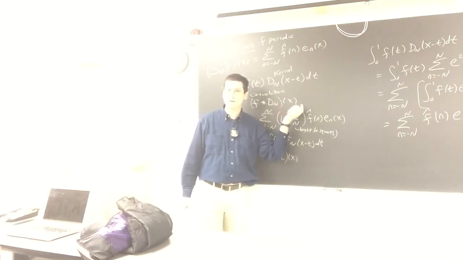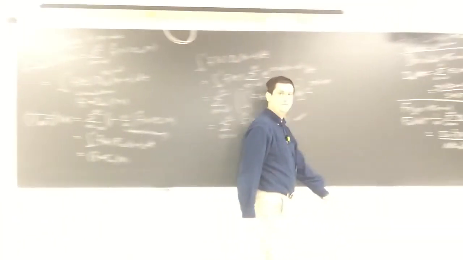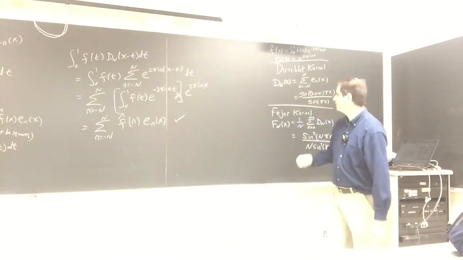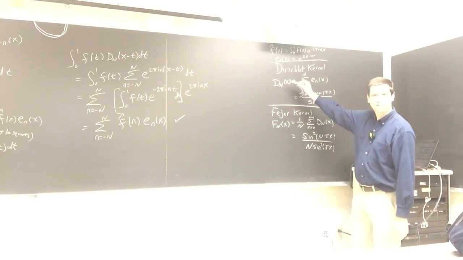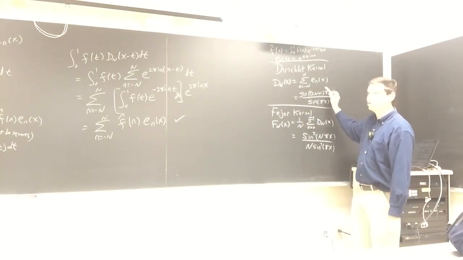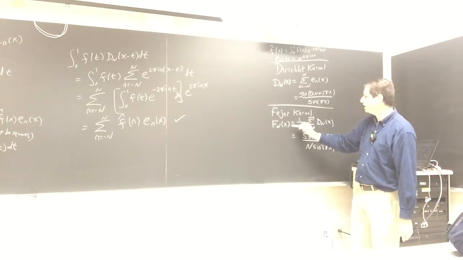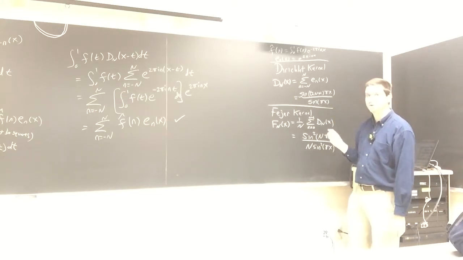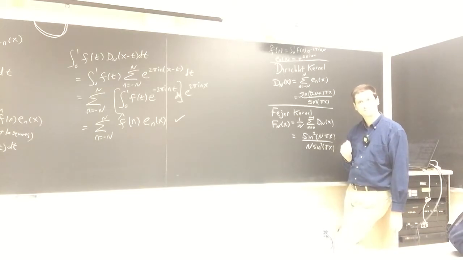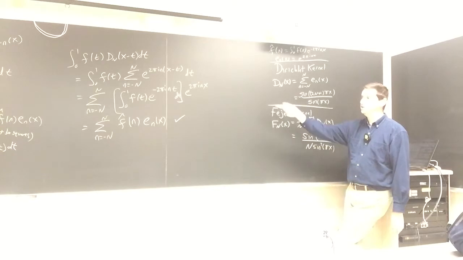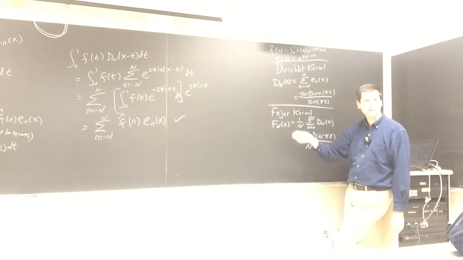The reason we can make progress with something like this is if you look, oh, it's a good day, it's moving. If you look at what is the Dirichlet kernel, oh, nice closed form expression. Let's just integrate directly. If you look against the Fourier kernel, oh, again, nice closed form expression. So the hope is that we can now say, look, our Fourier series is equal to this integral convolution.